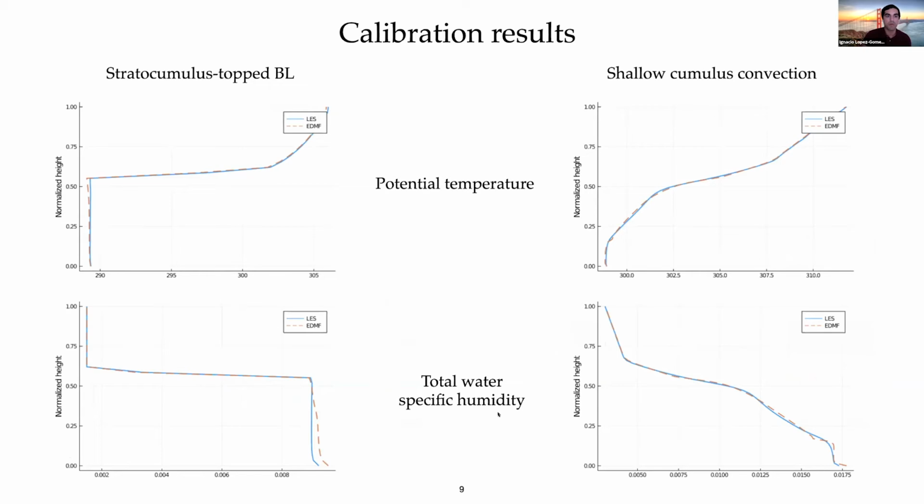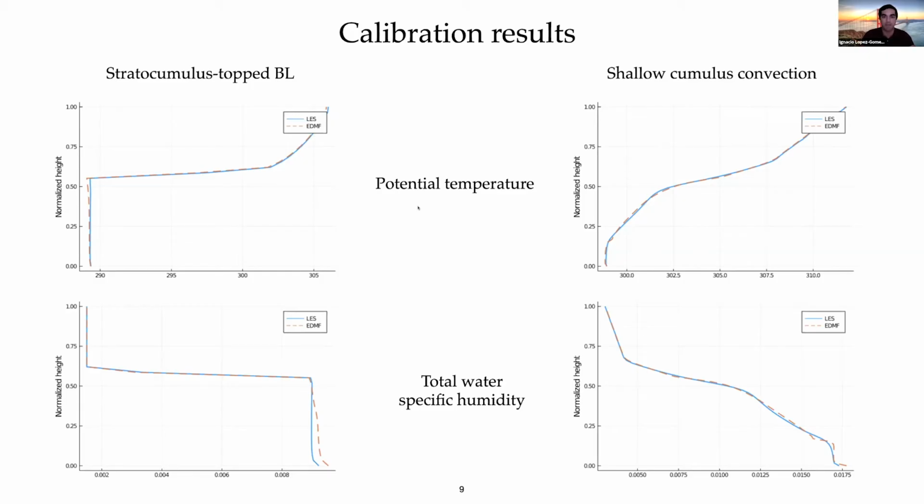Once we have the parameters that we've learned at that point estimate, we can use them in our model and compare the physical space to the results from LES. Here I'm showing examples of vertical profiles of potential temperature and total water specific humidity with LES, and we can see that the Admx Scheme performs really well after it's been trained with this technique.